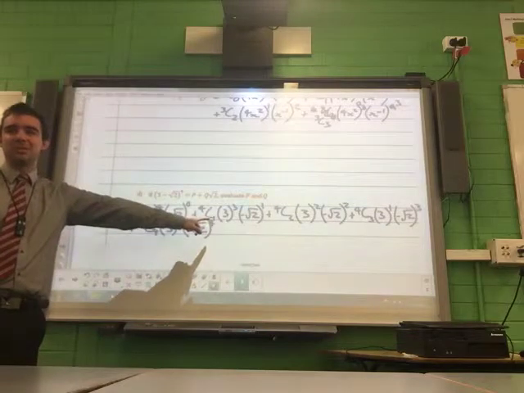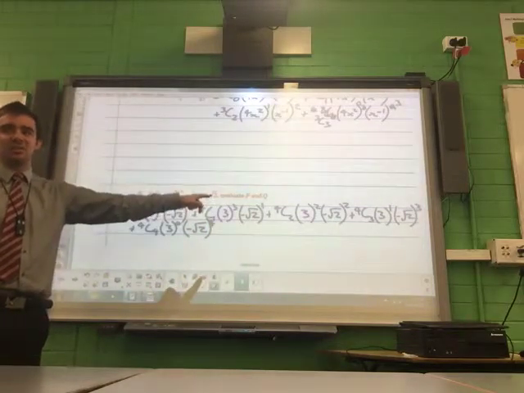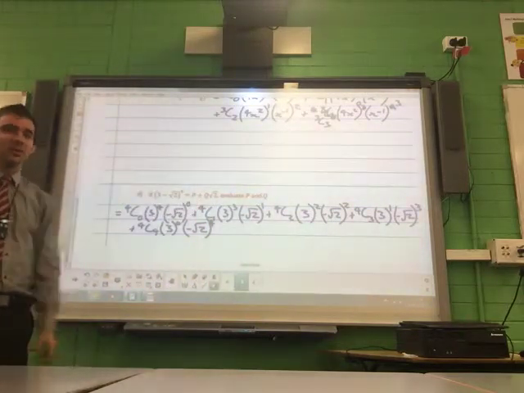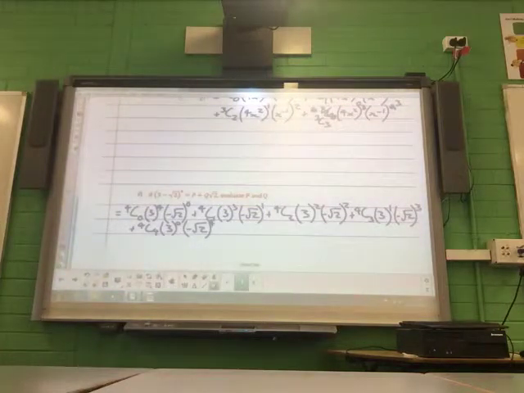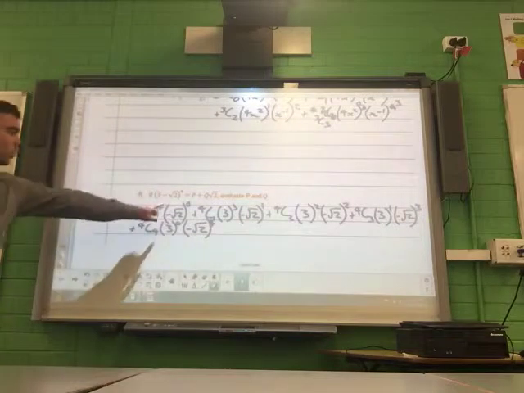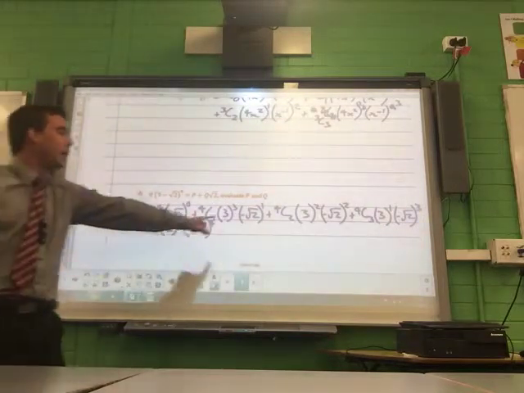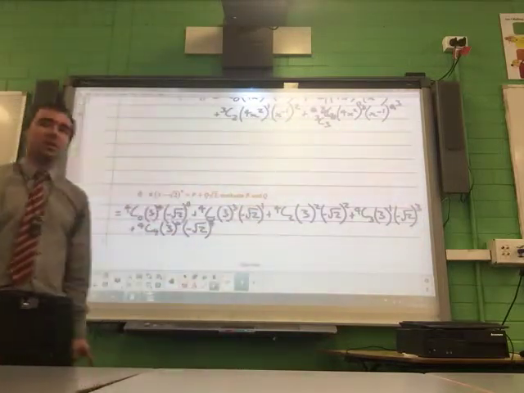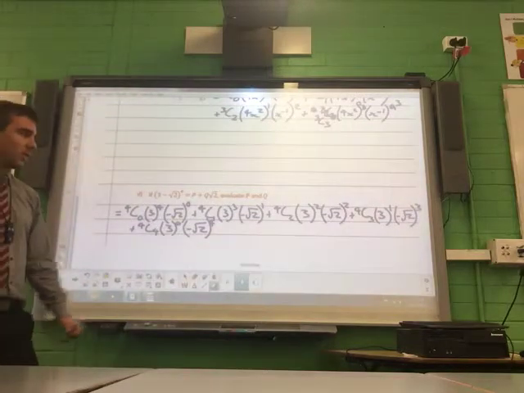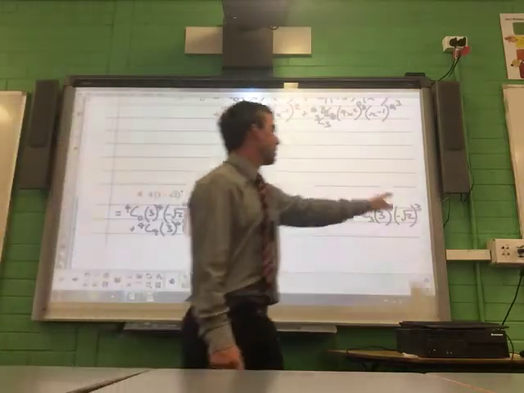Well, 4 is 2 times 2, so negative root 2 squared is 2. 2 squared is 4. This is easy stuff, guys. What is negative root 2 to the power of 1? What is negative root 2 to the power of 3?